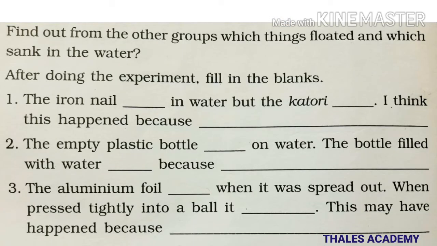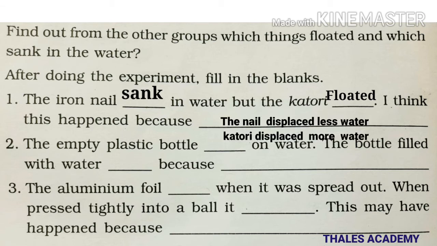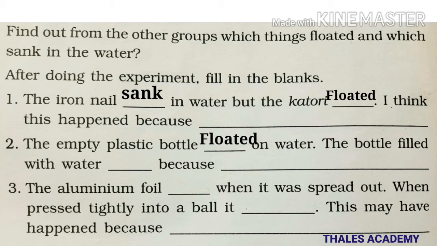After doing the experiment, fill in the blanks. The iron nail sank, but the katori floated. I think this happened because the nail displaced less water and katori displaced more water. The empty plastic bottle floated on water.